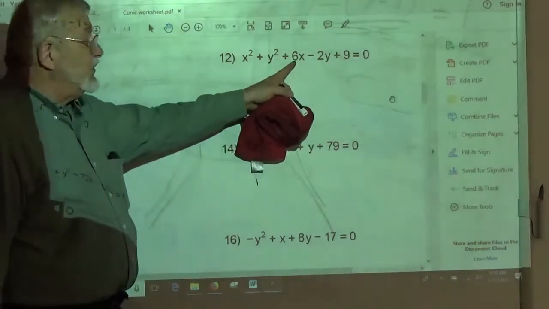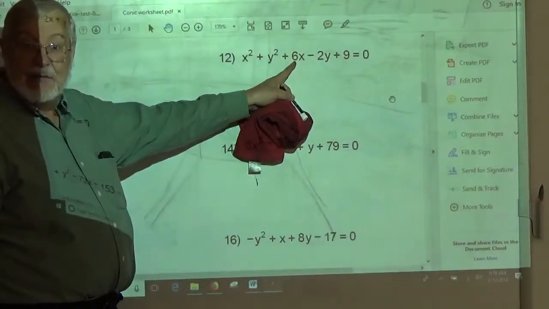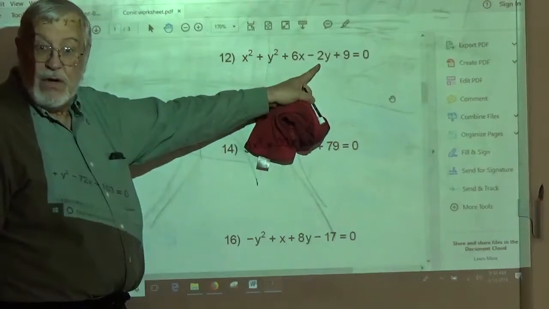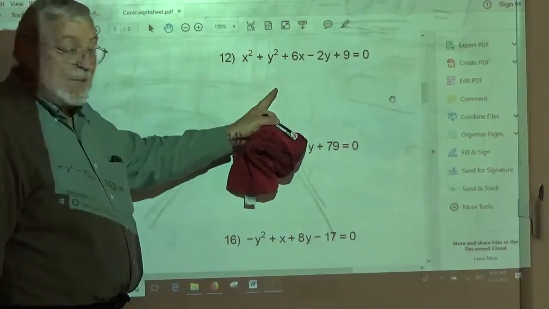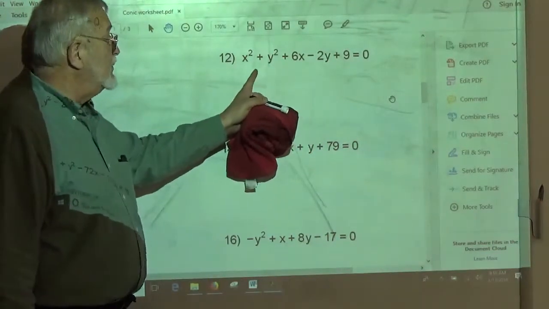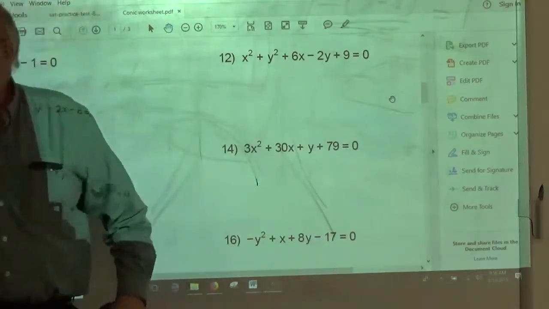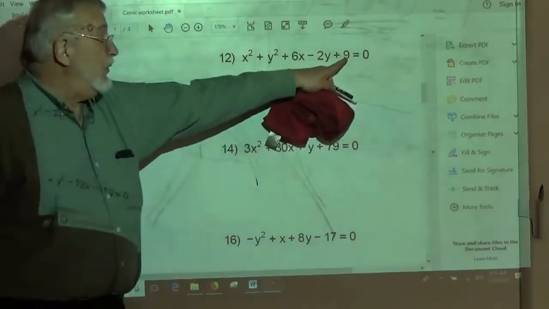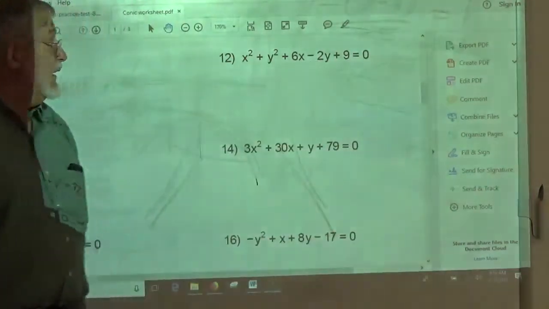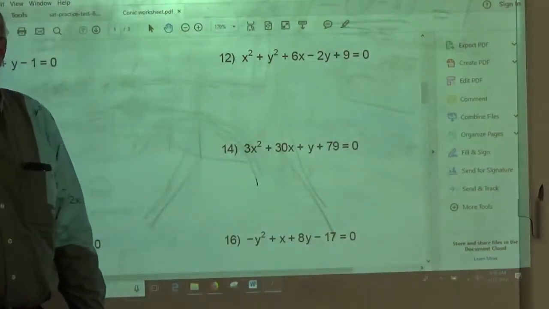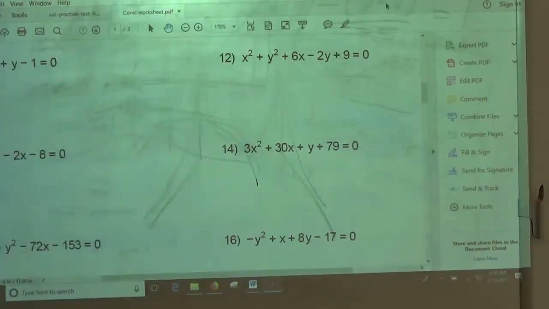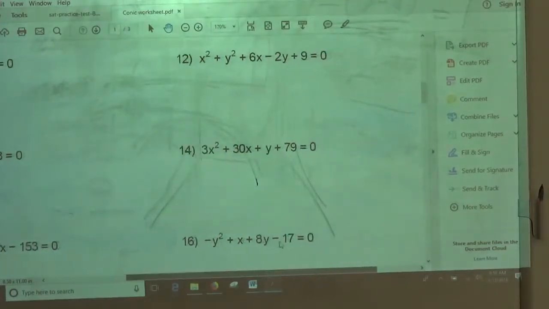And the center of this circle will be this will be x plus 3, and the center of this will be y minus 1, and so using opposite, we will have -3, 1 is the center of that circle. Now the value of the radius, you're going to be adding some extra numbers, and I didn't figure out what it was, so I can't tell you, and I'm not going to take the time because we don't need it.